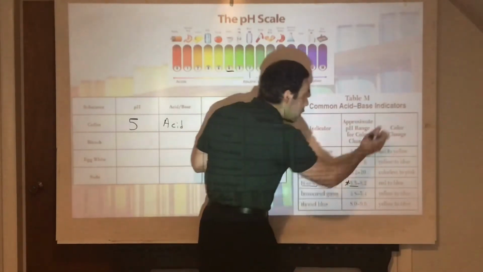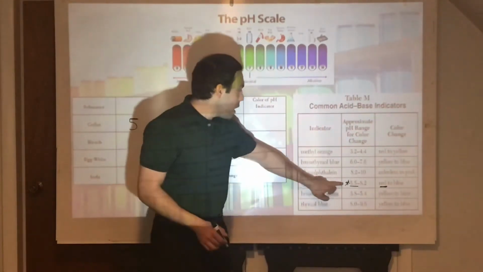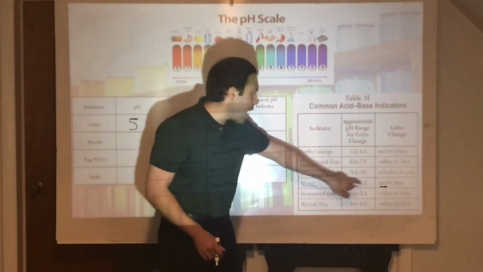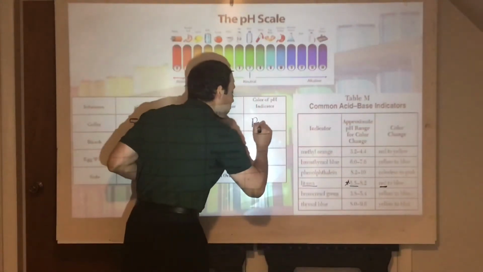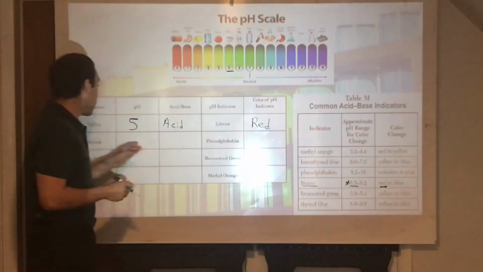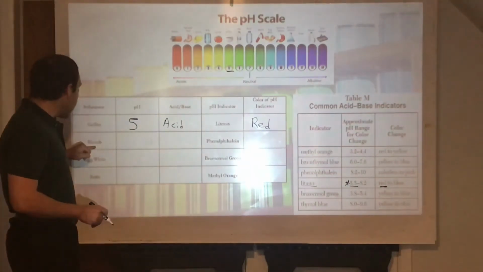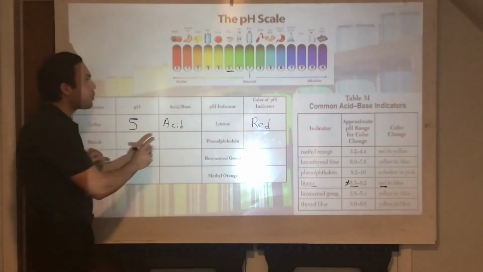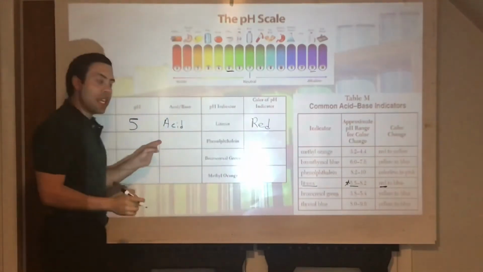So the color is going to be the color on the left of column 3. Since the pH is lower than 5.5, the litmus will be red in this coffee solution.